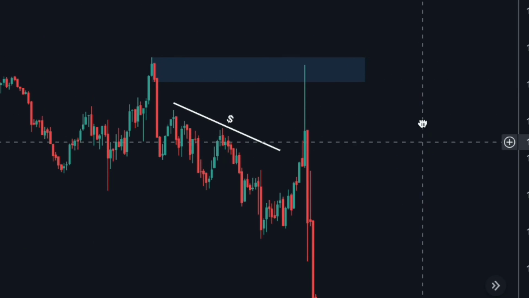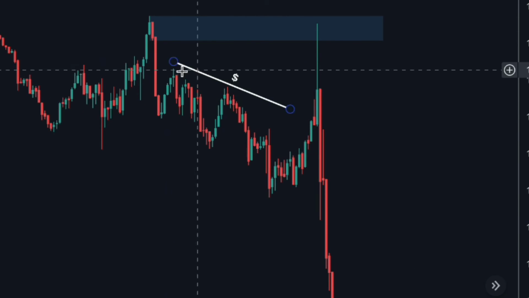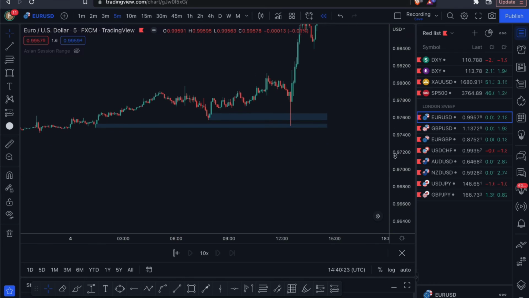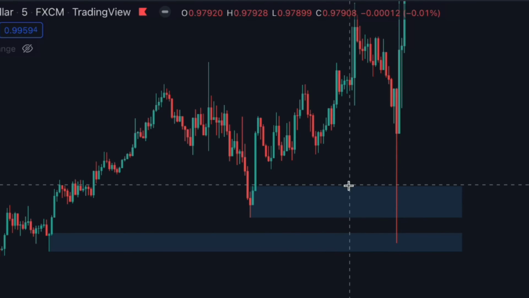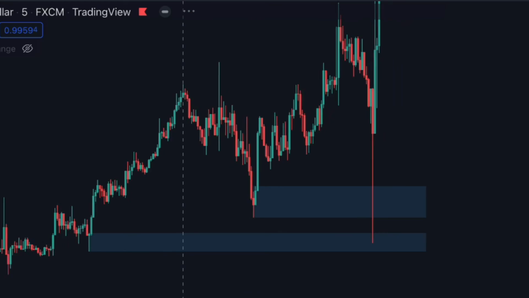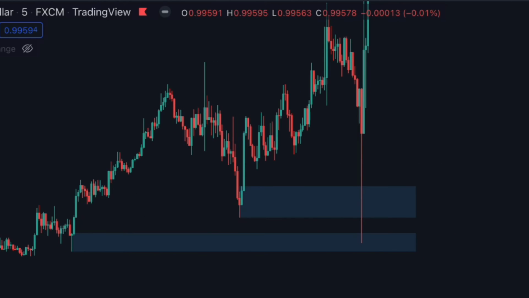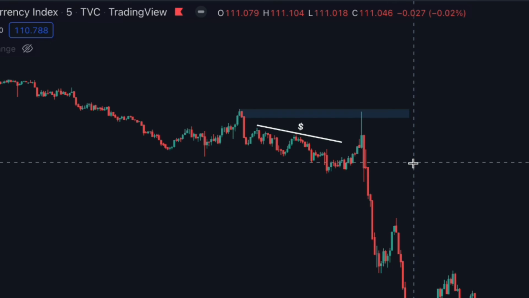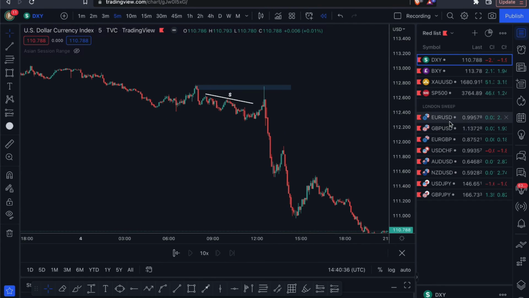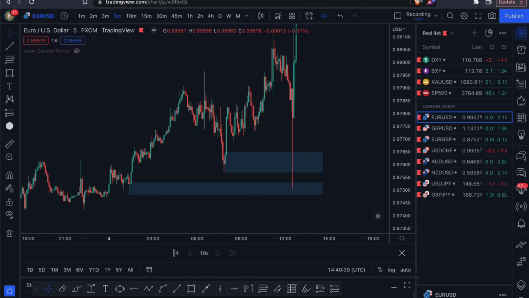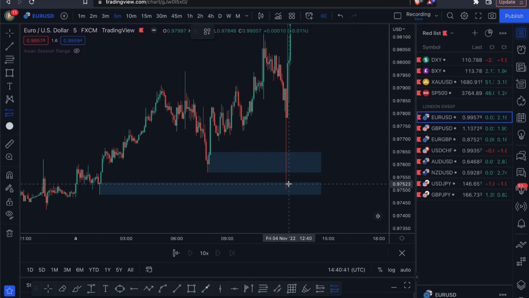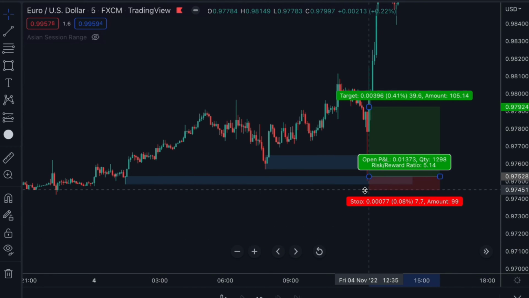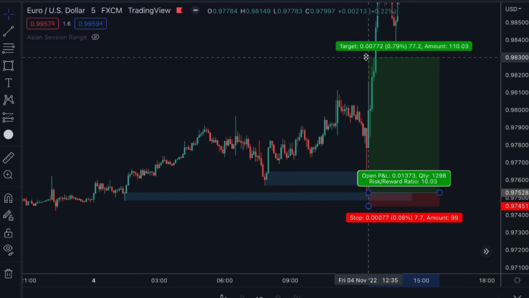And because we know that, and we know that price is not likely to reverse from here but reverse from here instead, then on Euro USD we know that this zone is invalid and this zone should work better. And so when price taps into here and is tapping into here on DXY and they're both aligned perfectly, that's when you'll be looking to enter the trade. And so for this example, you'd be looking to enter at this point rather than this point, which would have given you a nice trading opportunity.